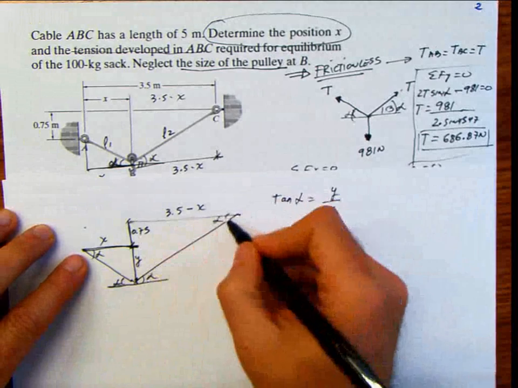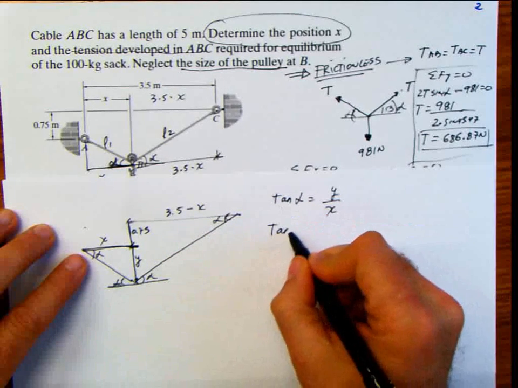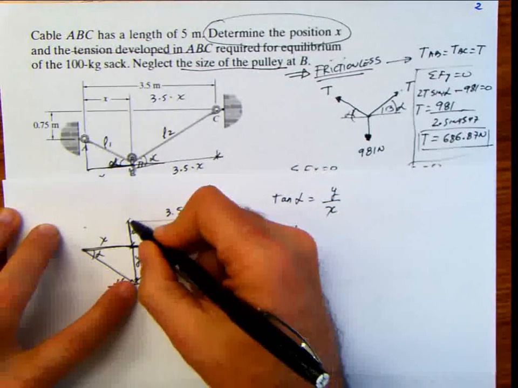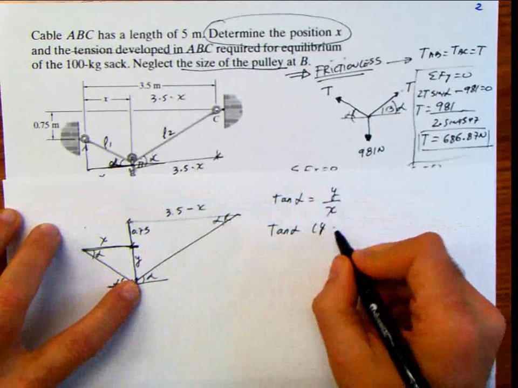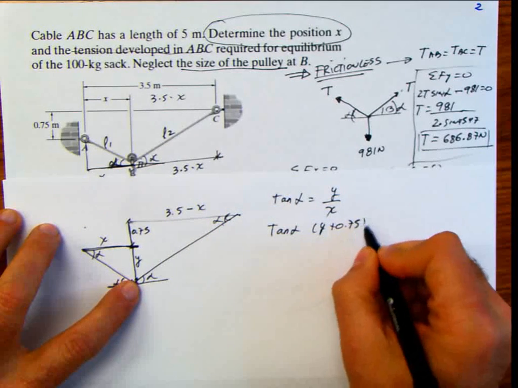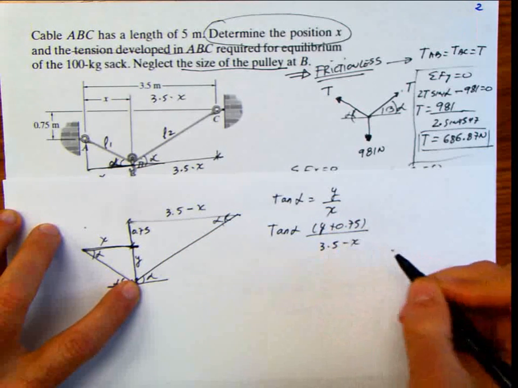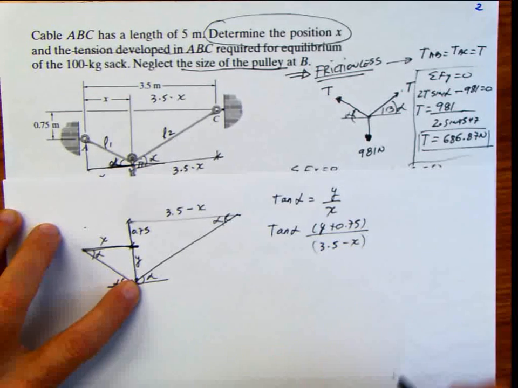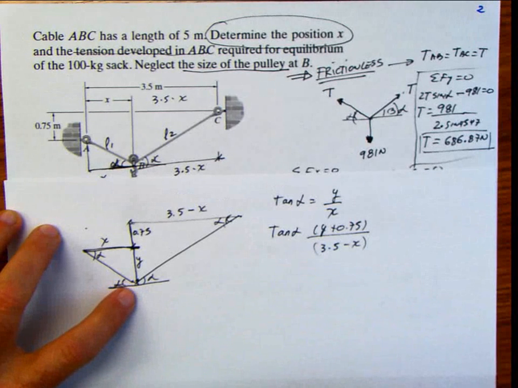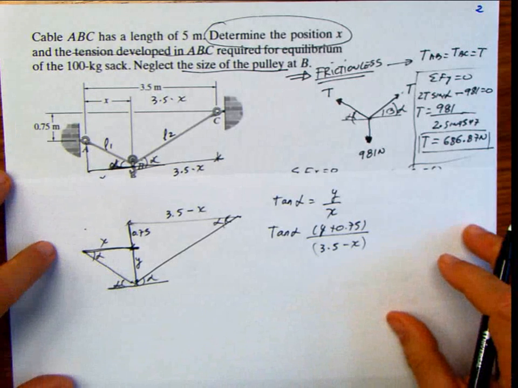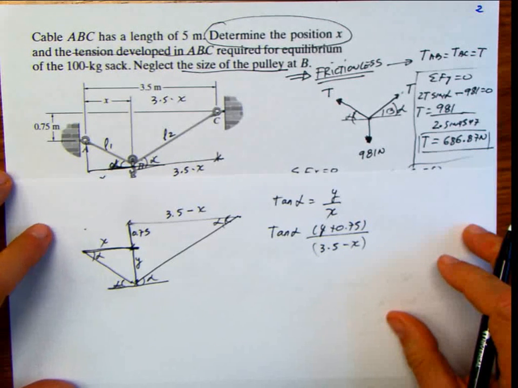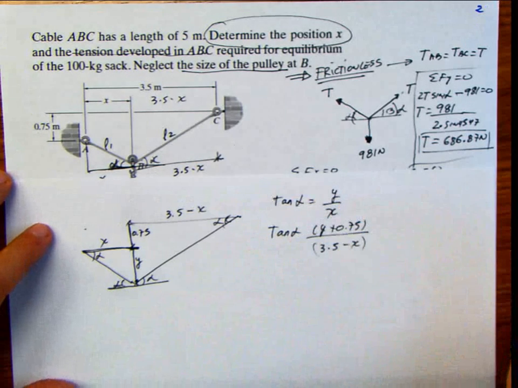And if I use this big triangle, tangent alpha is going to be this height, which is y plus 0.75, divided by 3.5 minus x. But I know how much tangent alpha is because I calculated the angle. So basically the problem is solved, if you wish.